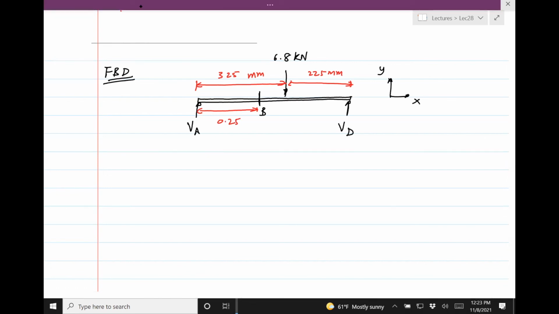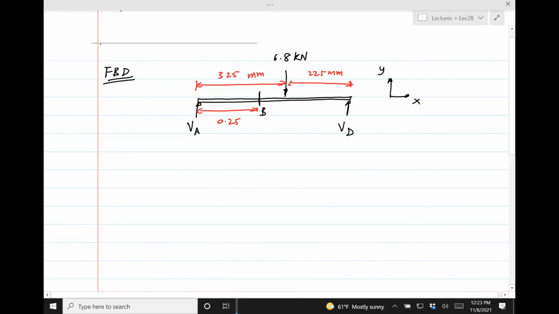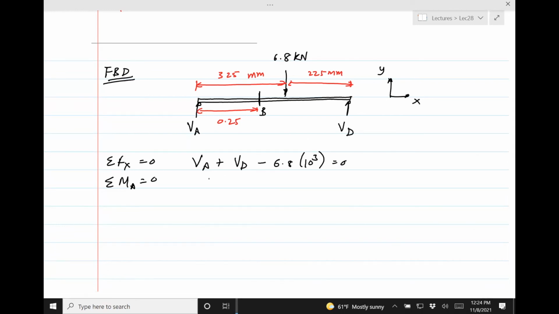Okay, so now the first step is to find the forces VA and VD. If you sum the forces in Y equals 0, you have VA plus VD minus 6.8 times 10 raised to 3 equals 0. And then if you take moments about any point you would like, equals 0. I want you to fill in the dots, right?